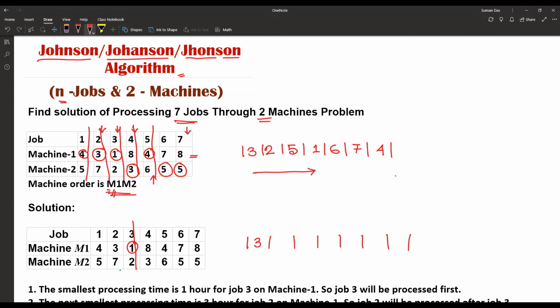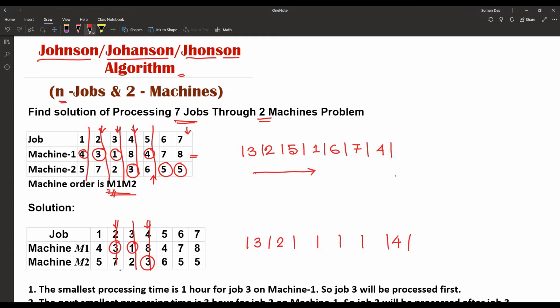Next we check the next minimum processing time, once again 3, belonging to job 2 and job 4. As machine 1 has the most priority in the processing order, we write 2 here, and for machine 2, that is job 4, so that must be written last. Job 2 and job 4 are crossed out so they are not repeated.